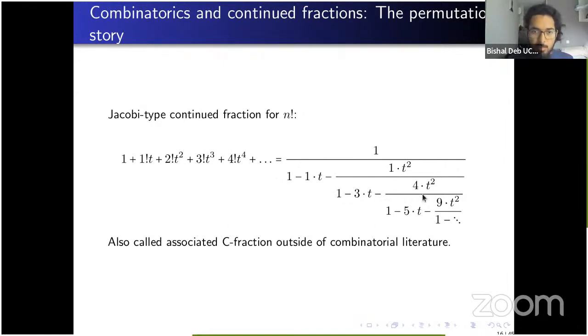So all of this can be done using formal power series. However, this is not giving any extra information on permutations. And the thing is, we can obtain a lot of combinatorial interpretation from continued fractions and count permutation statistics.